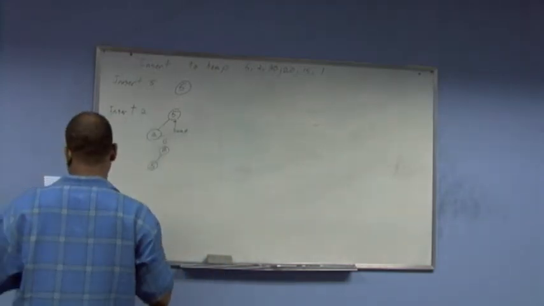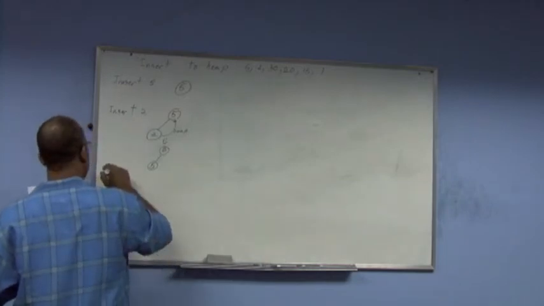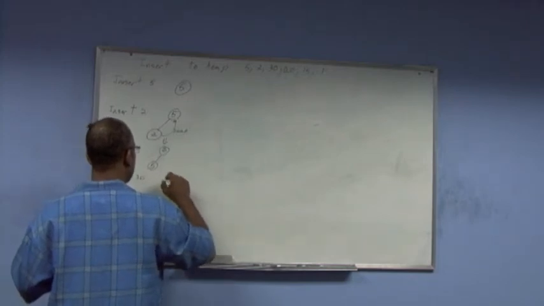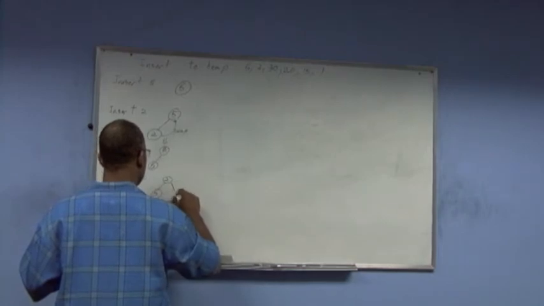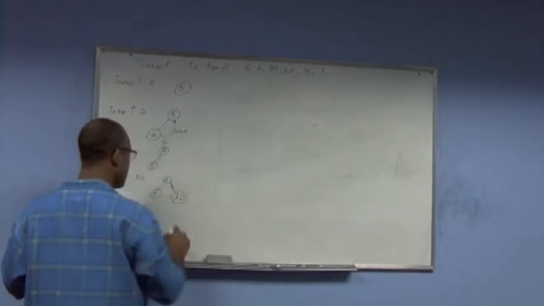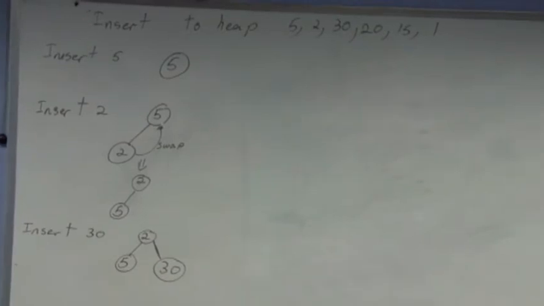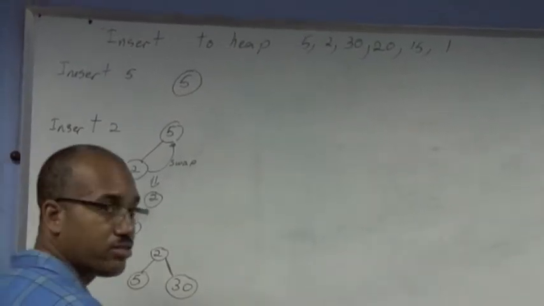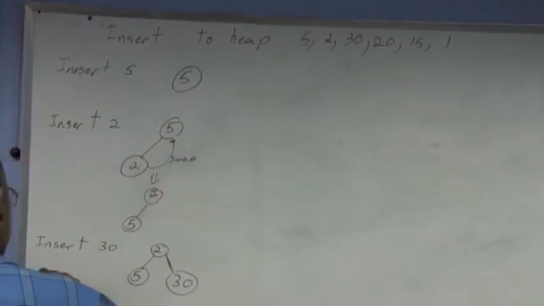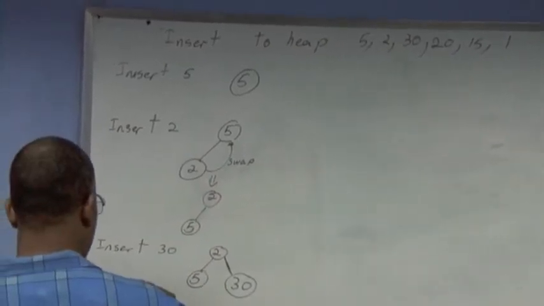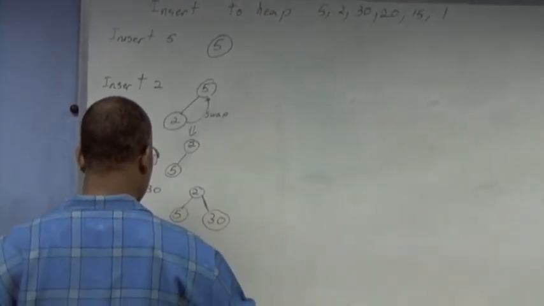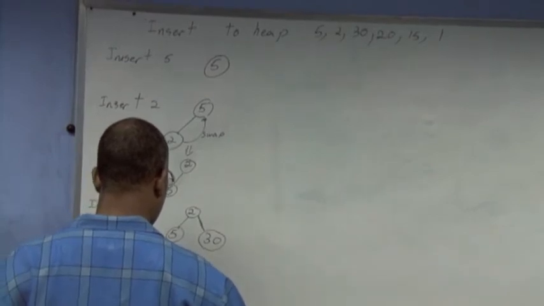Then we're going to insert 30. 2, then 5, then 30. Are we done at that level? Mm-hmm. Then we're going to insert 20. Then 2, then 5, then 30.